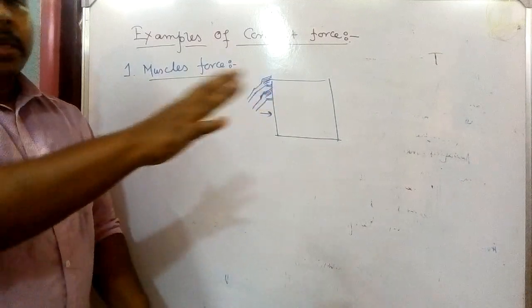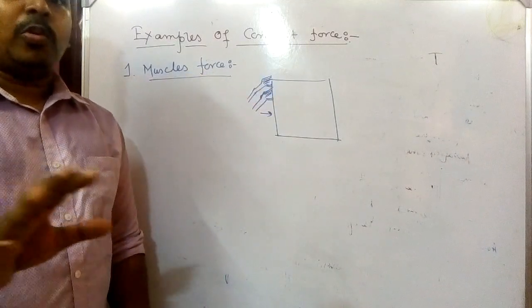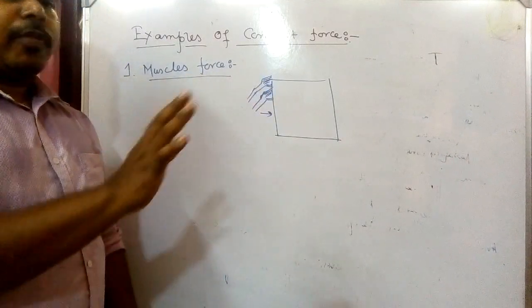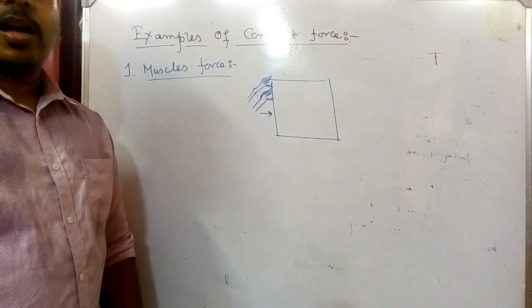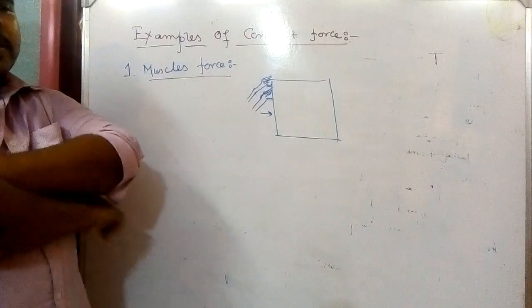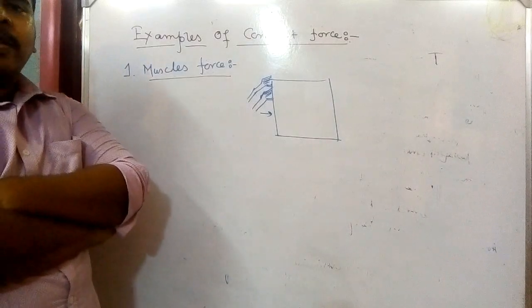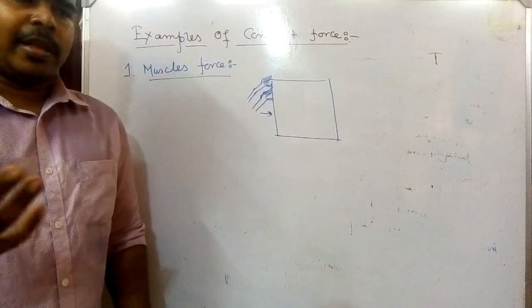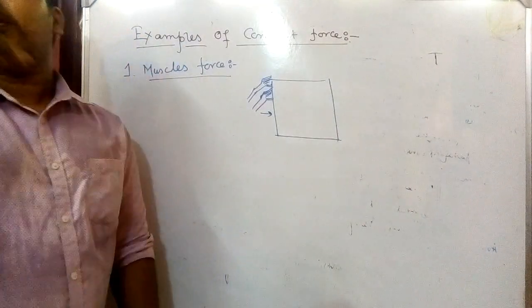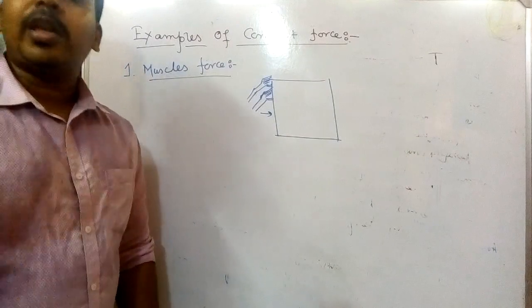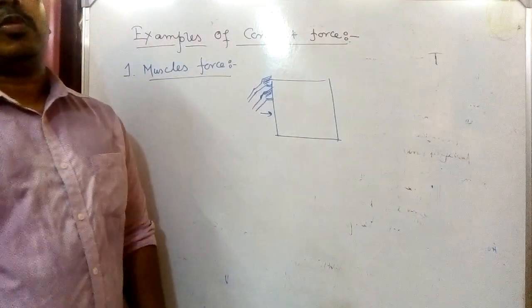Assume I want to beat a boy, though I don't want to beat anyone. If I want to beat anyone, I have to touch him. I cannot beat from a long distance. Somebody may say you may throw something. No. Even if I throw something, I have to touch that object and apply the muscle force there.